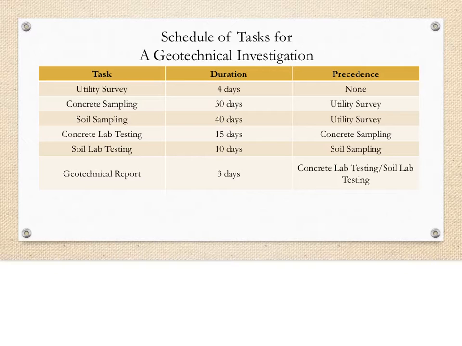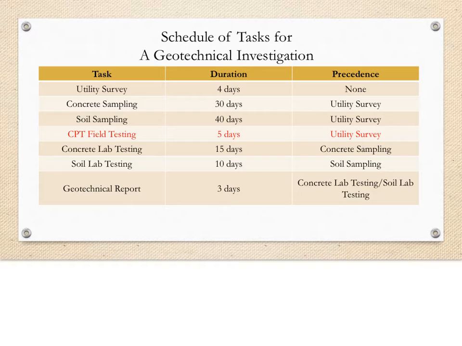So let's take a look at our geotechnical investigation schedule that we looked at in the last class. Now, in order for this example to work, we're going to have to add an additional field task. So here we've added the CPT field testing task.